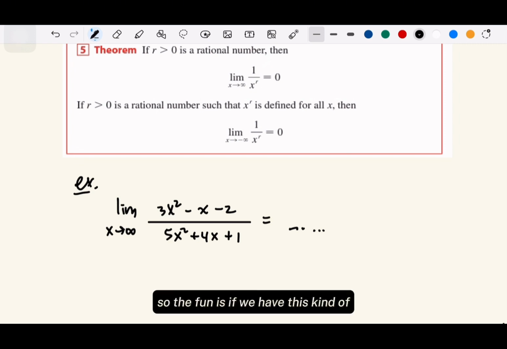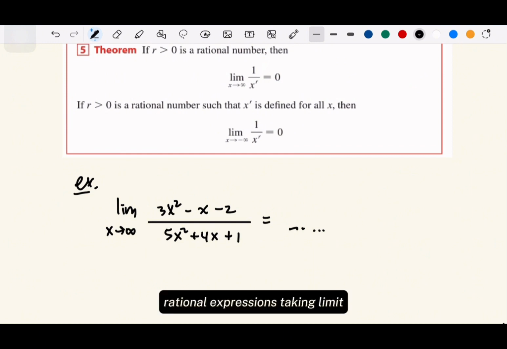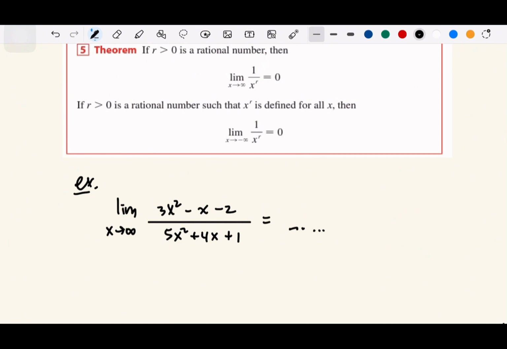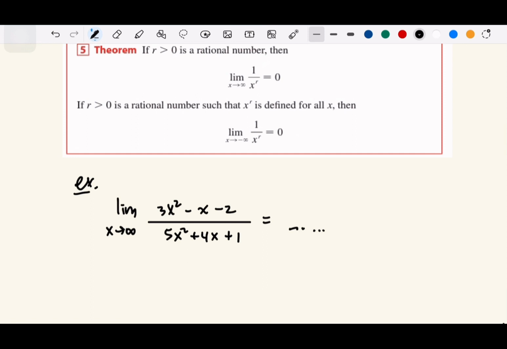So the point is, if we have this kind of rational expression, taking the limit, and you see that x is getting larger, so what do you do?